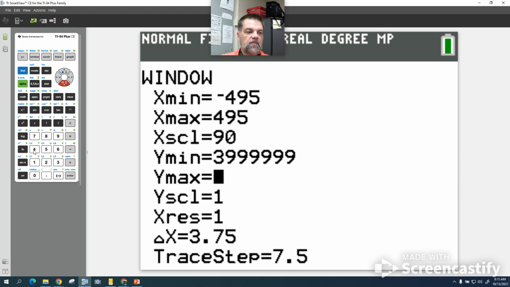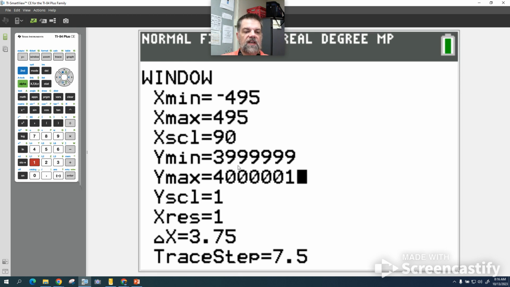And then here I'm going to put 4,000,001. So I'm doing this because we're going to draw a horizontal line right at 4 million, and I want to be a little bit below and a little bit above that line. So I'll give you guys a second to enter that information in.